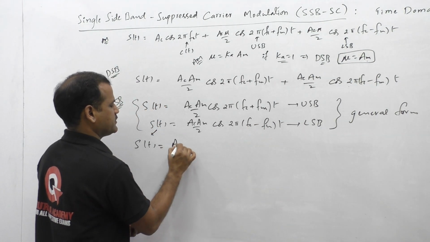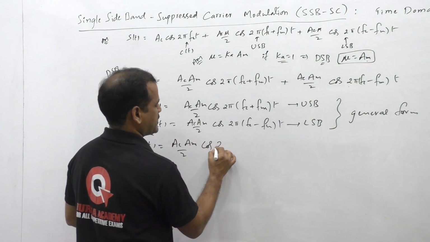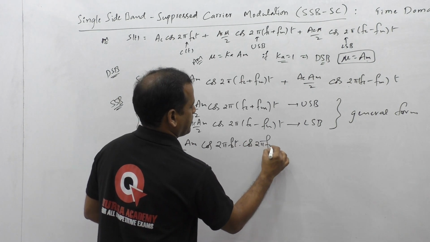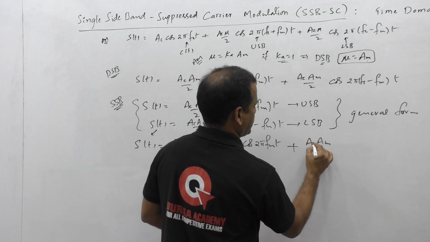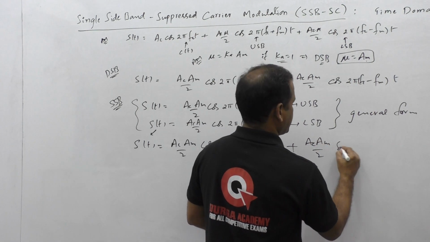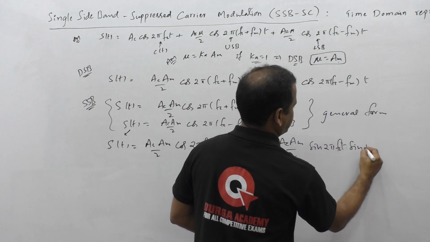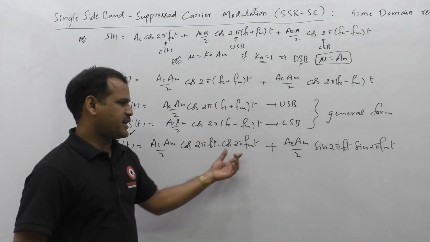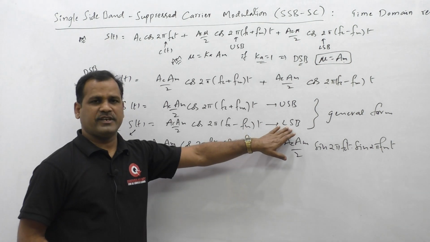Expanding this, Ac Am by 2 cos A cos B plus Ac Am by 2 sin A sin B. We are getting sin 2 pi fc t multiplied by sin 2 pi fm t. So we get the cos A cos B plus sin A sin B form for this cos(A minus B), for this LSB SSB.